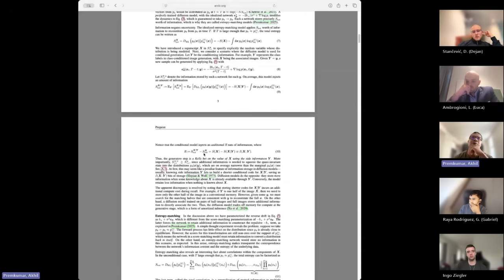If you have a conditional diffusion model that generates images, where Y is the label and X is the image, and you compare it to an unconditional diffusion model trained on the same image set without being shown the labels, the difference in information stored between those two models is exactly the mutual information. In other words, the conditional model has to remember an additional amount of information, which is exactly the mutual information between X and Y.